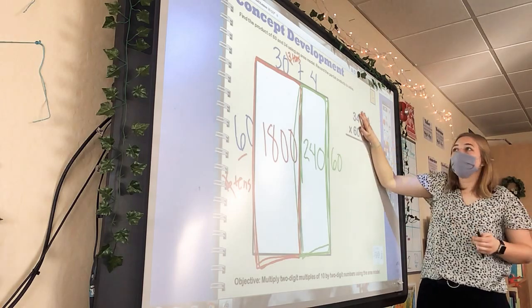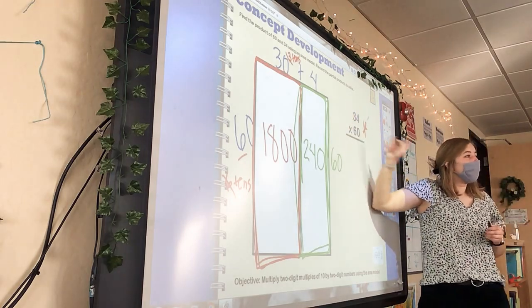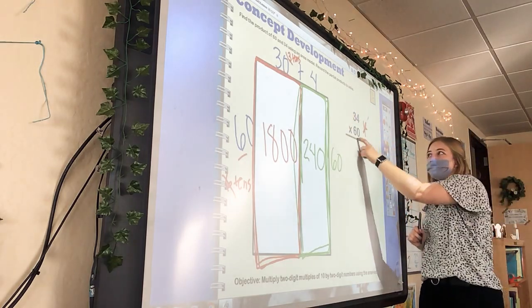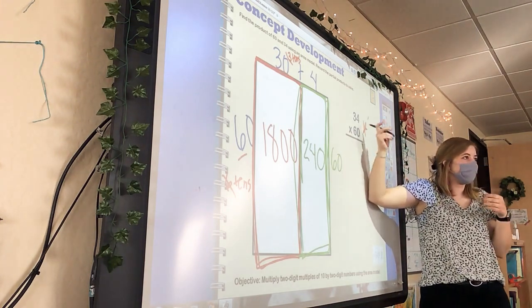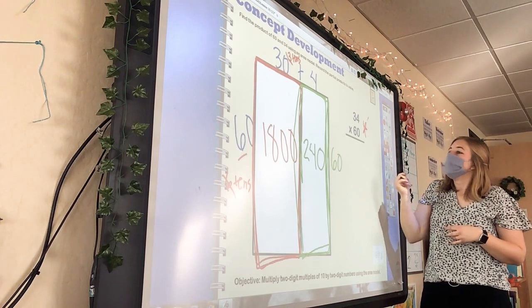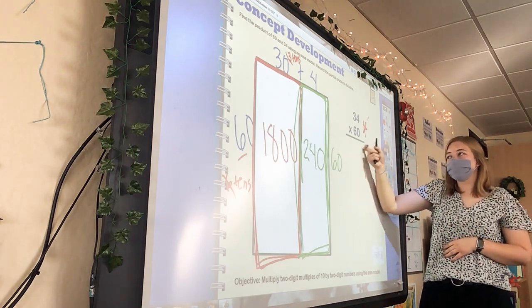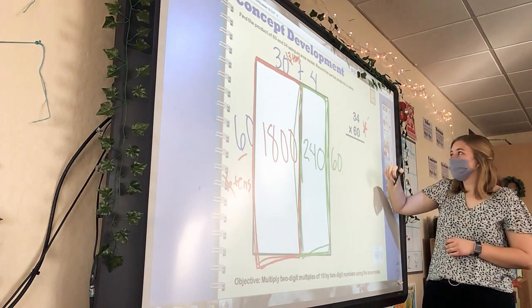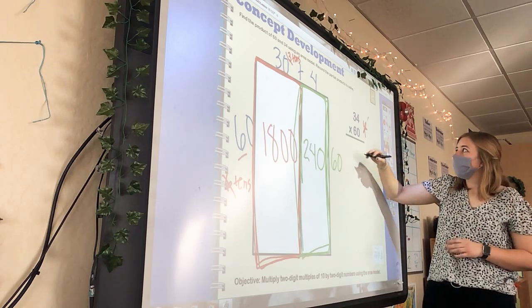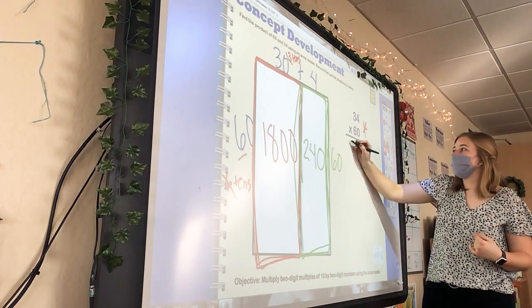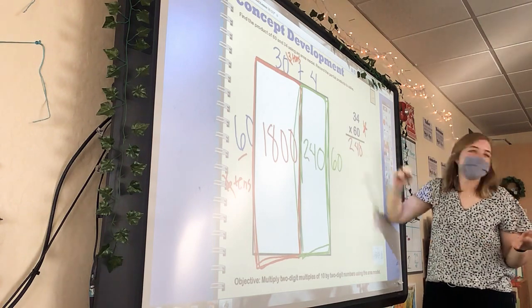But we're working our way up to this, so on the homework, you're going to actually record it. This is called the standard algorithm for multiplication. We know how to do that already. We've just done it with smaller numbers, right? So we're going to record the partial products over here. It doesn't totally matter the order, right?